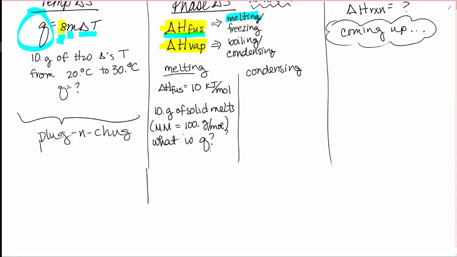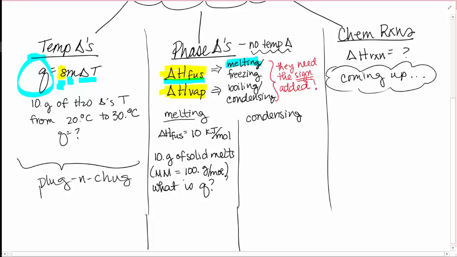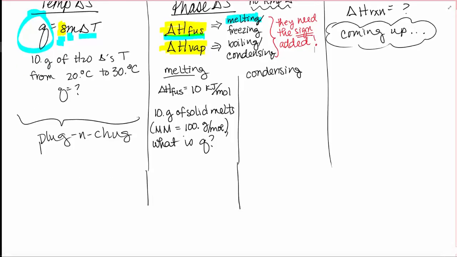Now, here's the one thing that you need to know about heats of fusion and heats of vaporization. They need the sign added, plus or minus. Remember, if energy's going out, then it's negative. If energy's going in, then it's positive.